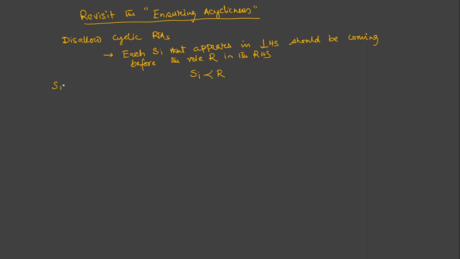That we have something like this: S1, S2, Si, then something, and then you have R. So you say that in that case, we say that Si comes before R, right? So basically, we are modeling with this. So this is a partial order relation, and with this partial order relation, we are modeling the directly affects, right? Now, what is the kind of constraint we have on this partial order operator?